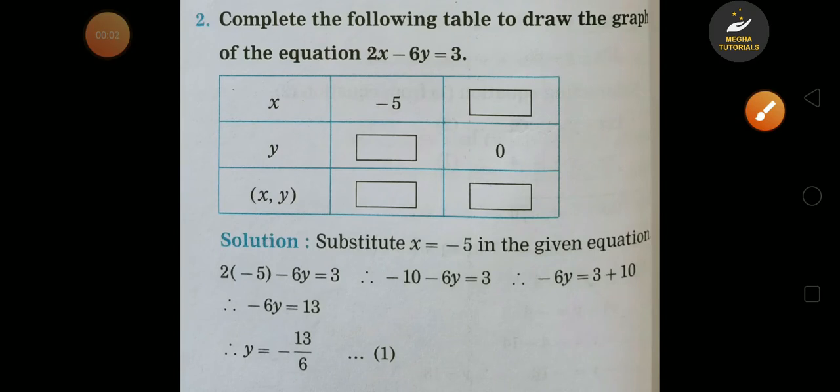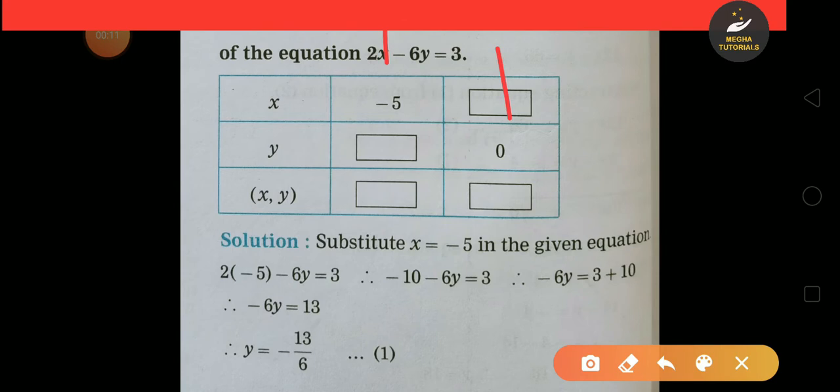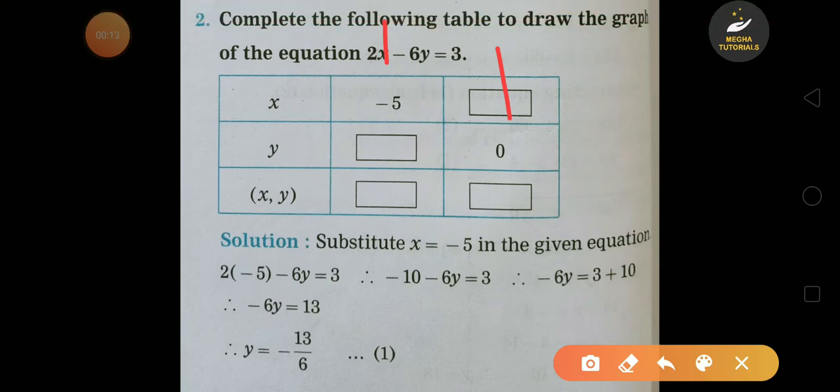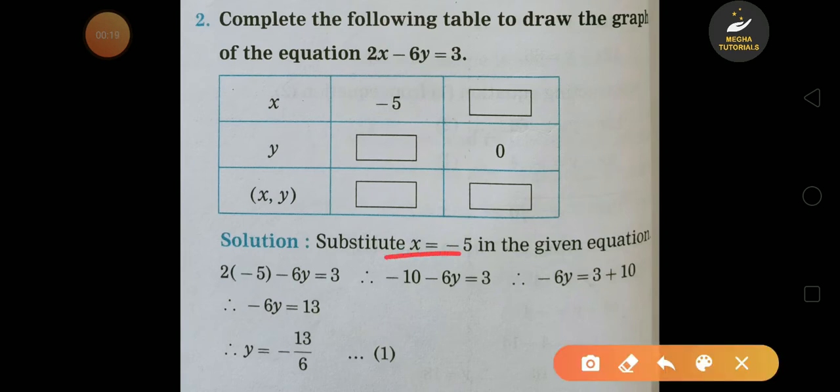Complete the following table to draw the graph of the equation 2x minus 6y is equal to 3. Now in this table they have given the value of x is equal to minus 5 and y is equal to 0. So we have to put these values in the equation to find the value of y and x respectively. First we will put the value of x is equal to minus 5 in the equation. So we will get 2 into minus 5 minus 6y is equal to 3. 2 into minus 5 is minus 10.